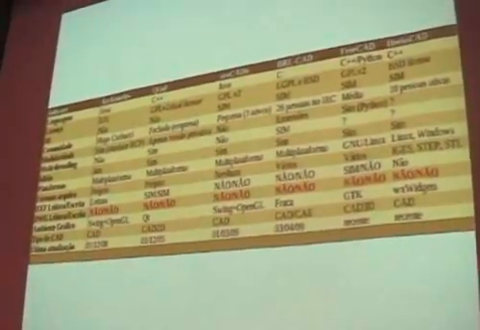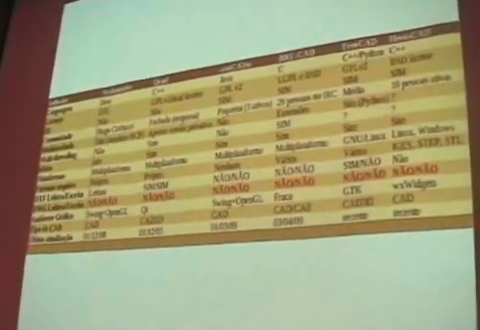Then graphical environment and kind of CAD. Some CAD programs are multi-purpose and some are not. Some are just for 2D drafting and some are for 3D, some are for both.